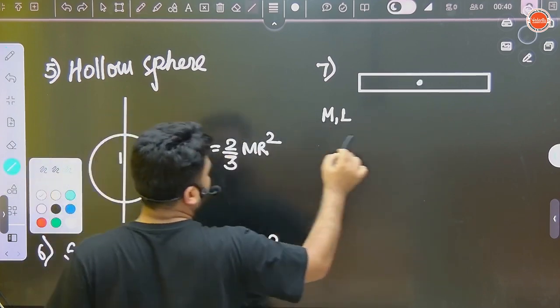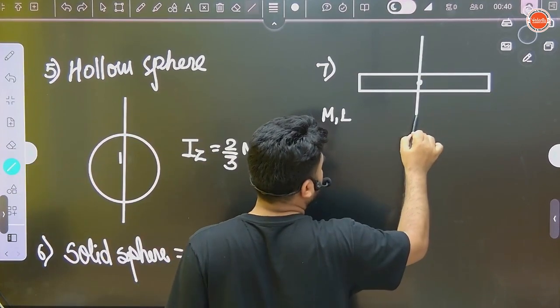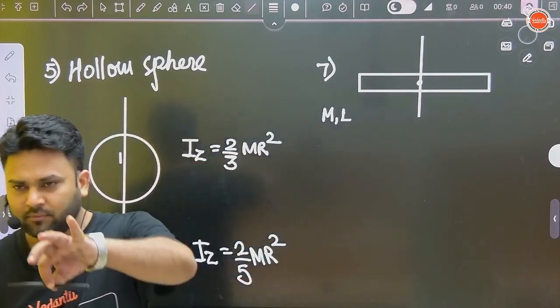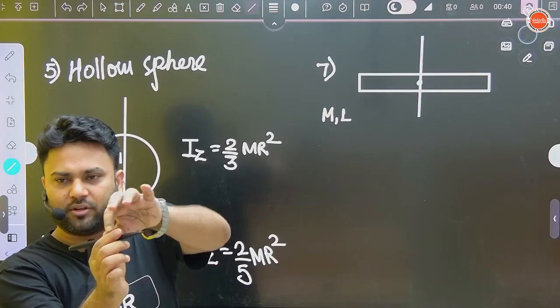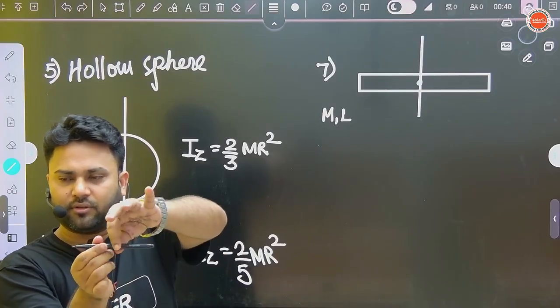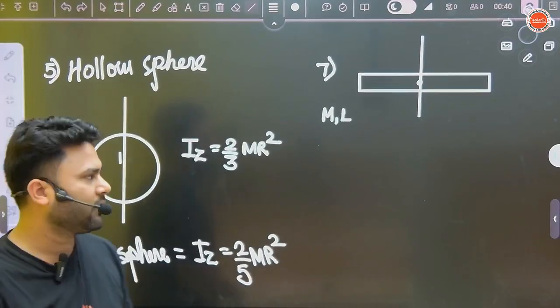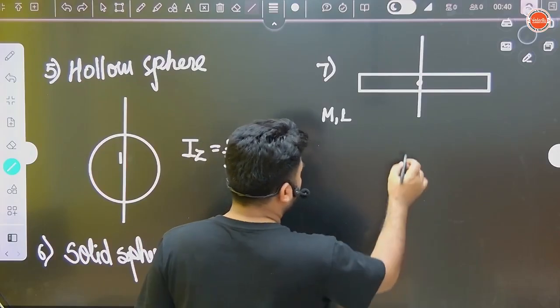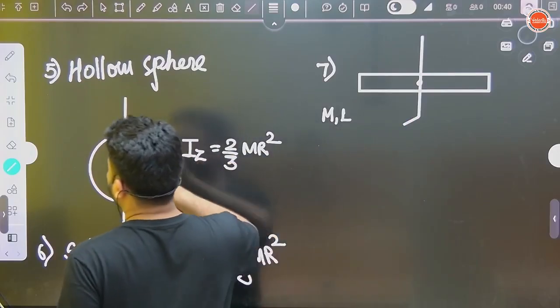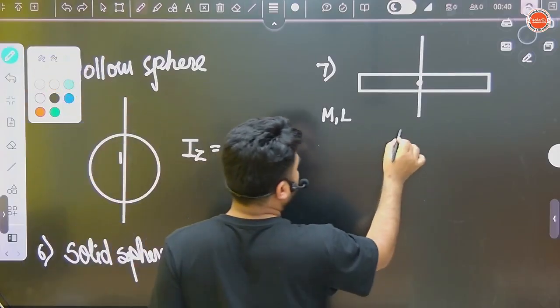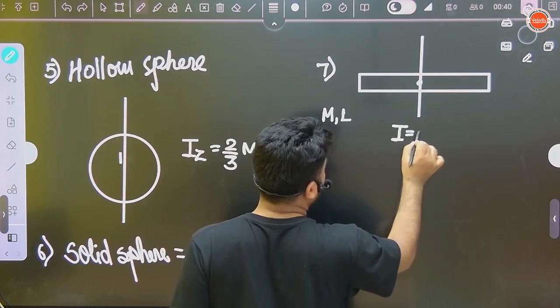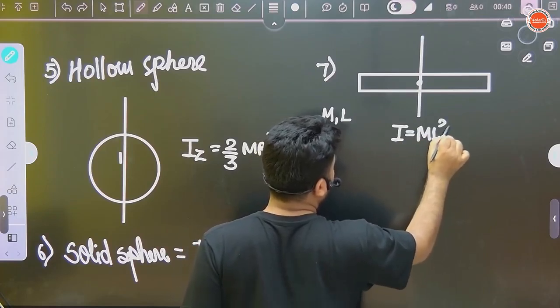If you want to rotate the rod about this axis, about center, understood? About center. So moment of inertia about this axis is ml square by 12.